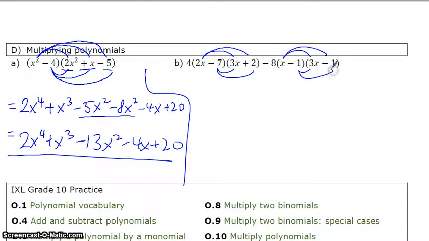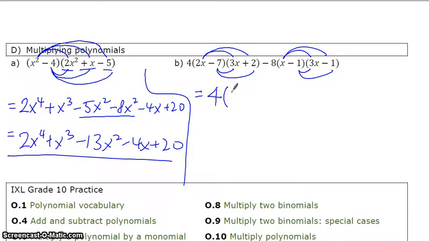Why? Because I don't need to carry the 4 through all this calculation. If you multiply in the 4 first, you get bigger numbers to work with. Now I just work with the smaller numbers first. There's a better order, but you can multiply with 4 first, because you're just multiplying them once.